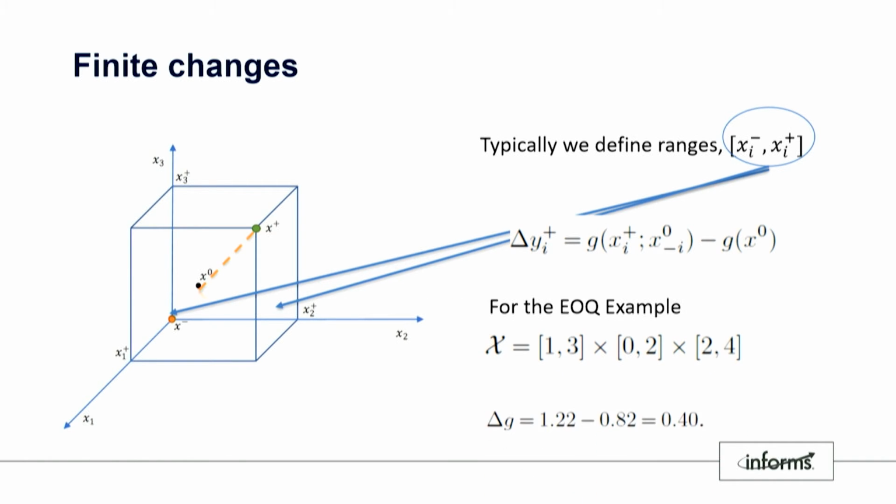So, for instance, for the EOQ example, if we have these ranges, from 1, 3, 0, 2, 2, 4, which are around the mean values that were 2, 1, and 3, and we shift all the points to the points x plus, we would get a delta G equal to 122, which is the new values minus 0.82, the old value, so 0.40.